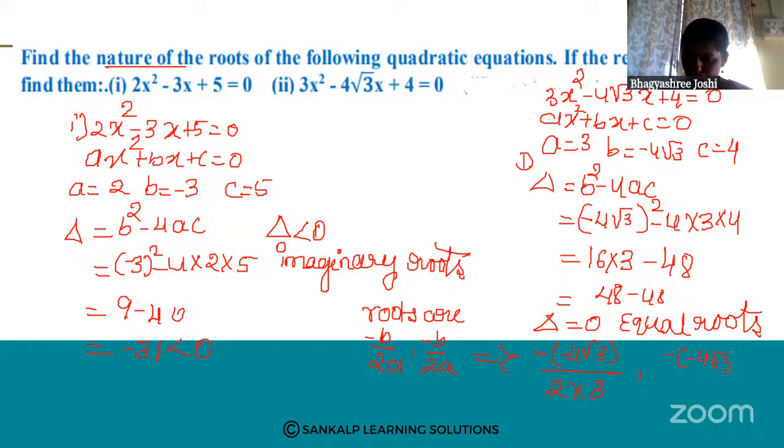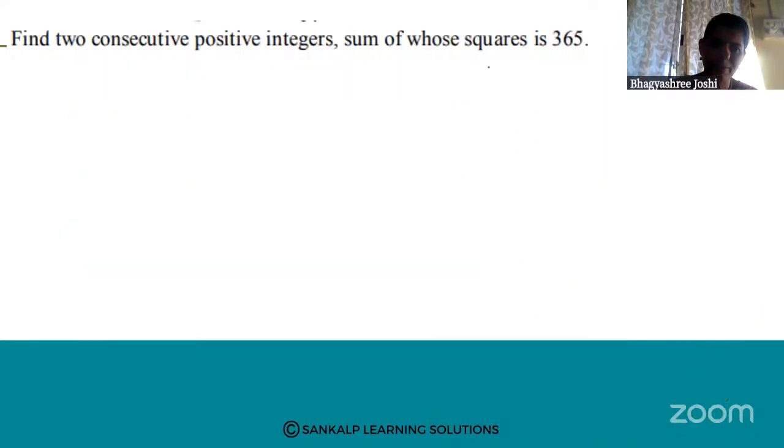Minus into minus is plus, so 4 root 3 divided by 6 you will get. Two 2s are 2, two 3s are 6. That means 2 root 3 divided by 3 and 2 root 3 divided by 3 are the two roots you are going to get here. Okay. Next.